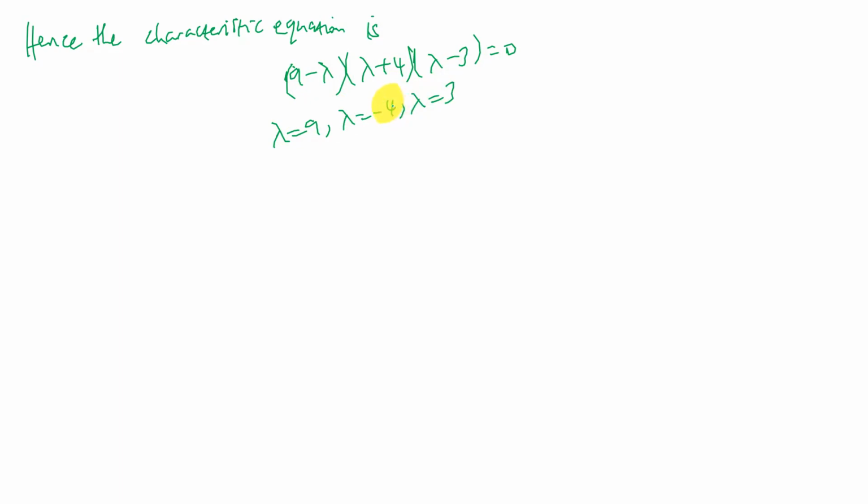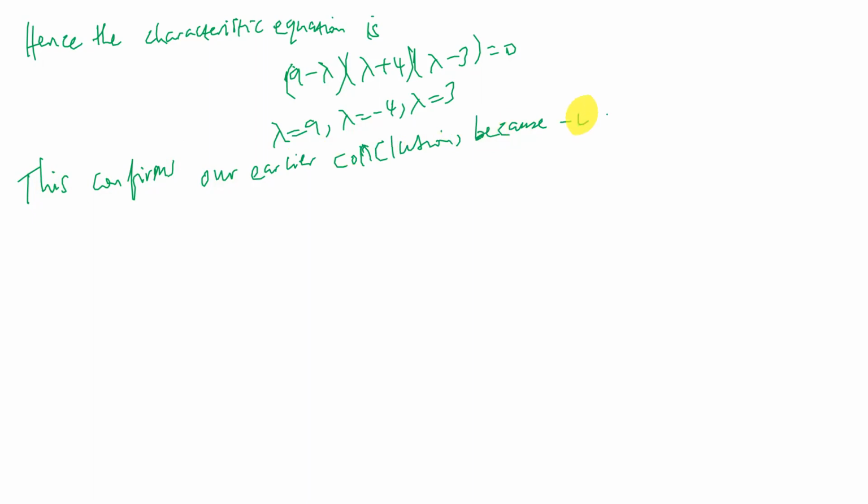All right, so what is this? What does this mean? So I'm going to write a description of what is happening here in view of the theorems. So basically, this confirms the theorems. This confirms our earlier conclusion in view of the Gershgorin circles, because minus 4 lies in disk 1.